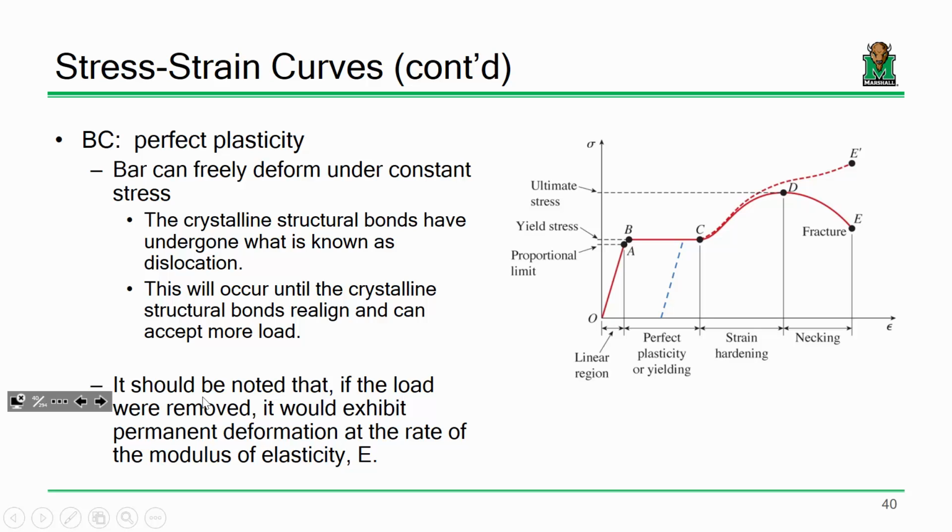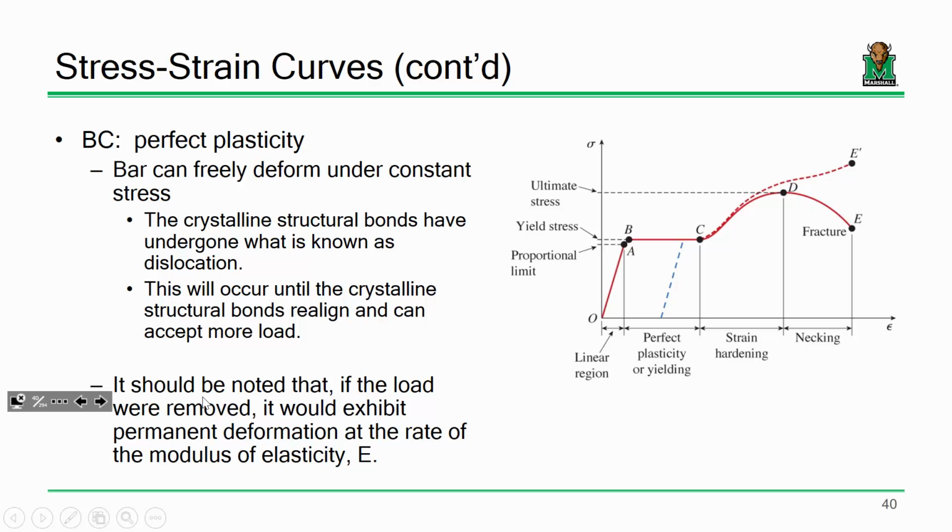So we call this the yielding region, and what's happening is this whole rearrangement of the internal structure of the steel. By rearranging itself, it's freely deforming. You're not increasing the load, and it's still having to freely deform and figure out a way to resist this load.